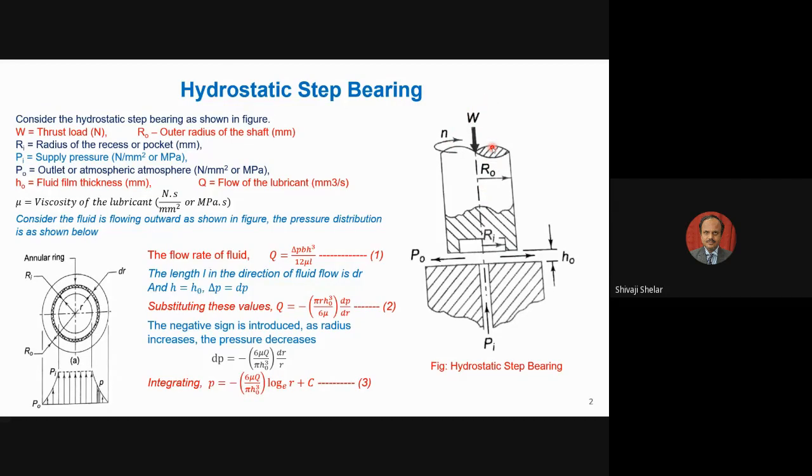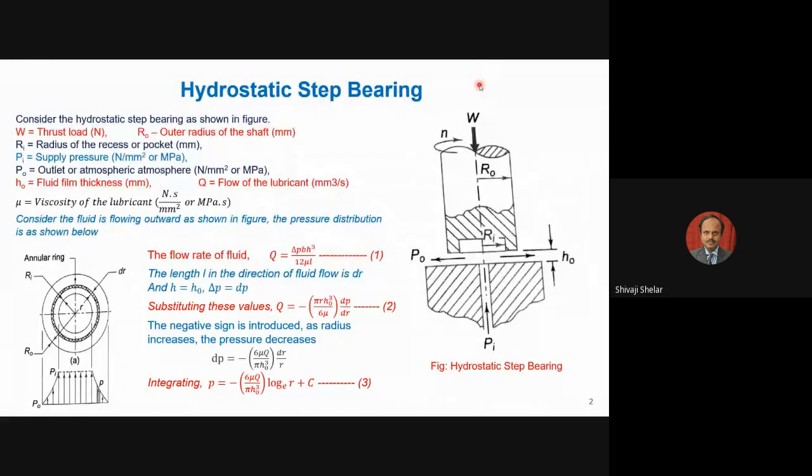As said, it's an axial load. It is not necessarily that your shaft is vertical. Your shaft can be horizontal, inclined, or vertical, depending upon the application requirement. But the load acting on that shaft is an axial load. So to support such axial load, normally you require a thrust bearing, and typically the thrust bearings used in sliding contact bearings are hydrostatic in nature.